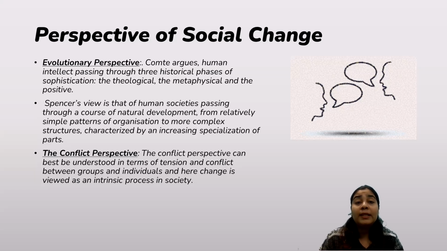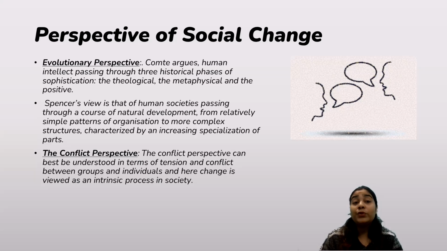The theological and metaphysical were the abstract stages where scientific reasoning about the functioning of society was absent, and every product was considered to be a supernatural product. Whereas the positivist stage was the one where people started actually questioning and rationalizing their thoughts.